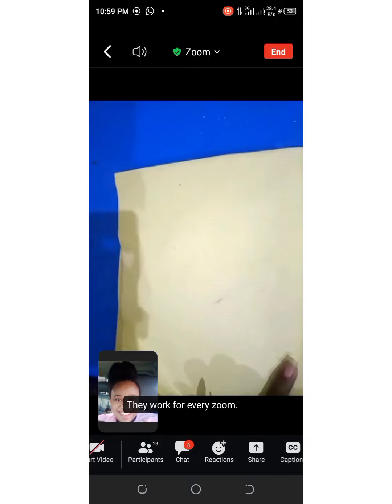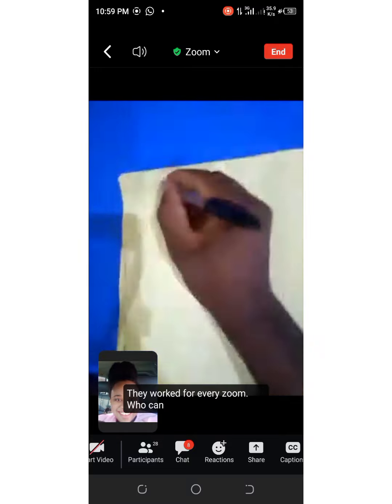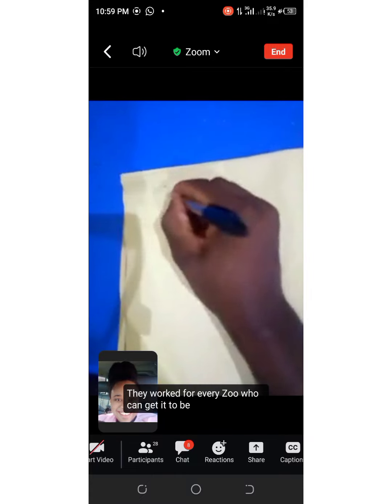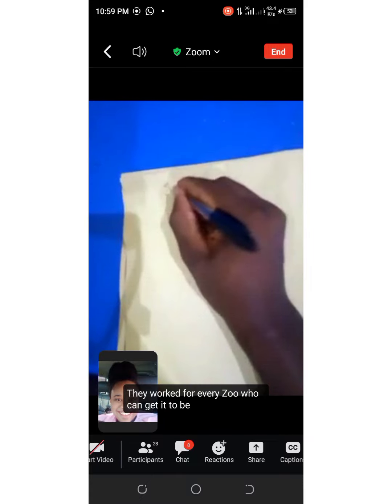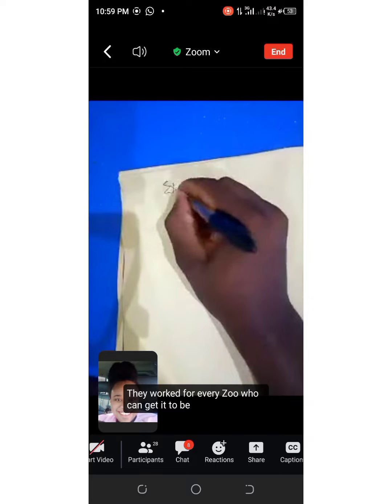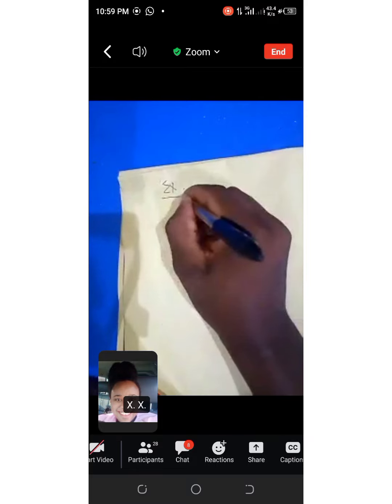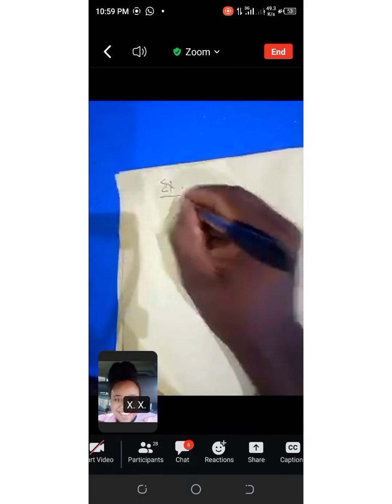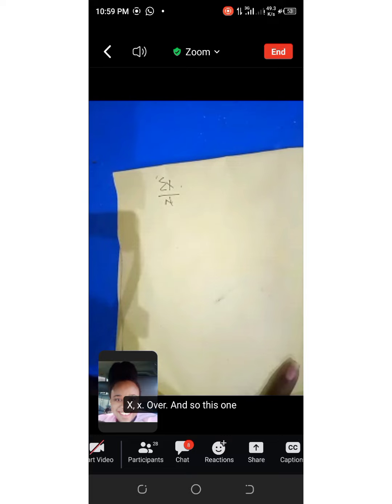So mean is just like average. Mean is just the word for average. So we can get it as the summation of x over n. This one is straightforward, summation of x over n.